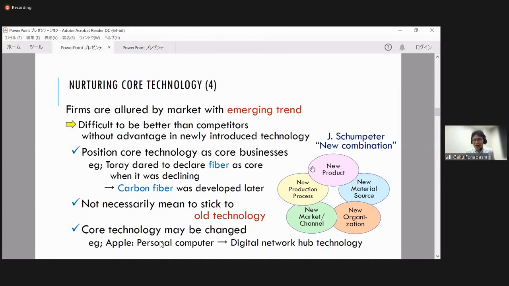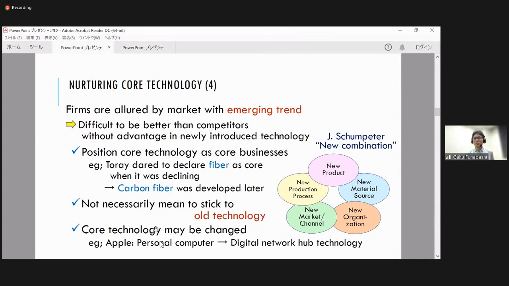And there are 5, but if you look at these 4, except for new product, do you remember something? New production process, new material source, or new channel, new organization, maybe related to management. These 4 are close to the 4 kinds of synergy.